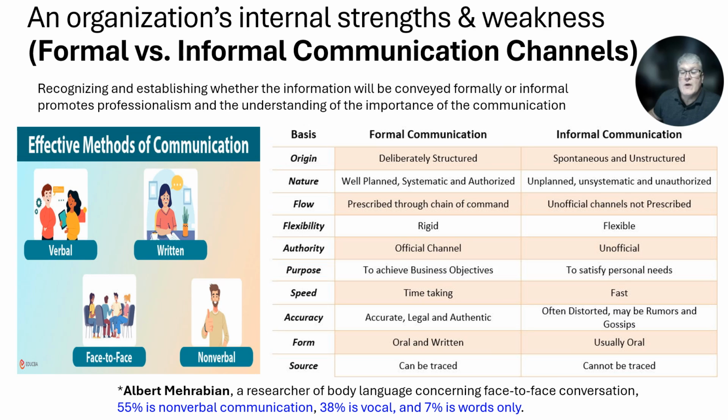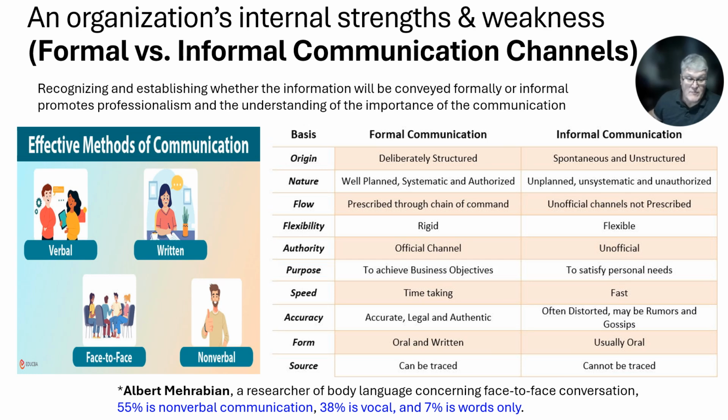But on the chart at right, I have two columns. One says formal communication, the other says informal communication. So it's just a comparison. So the origin: formal communication is deliberately structured. Somebody needs to inform you a certain way, and they're going to write things in a certain way.